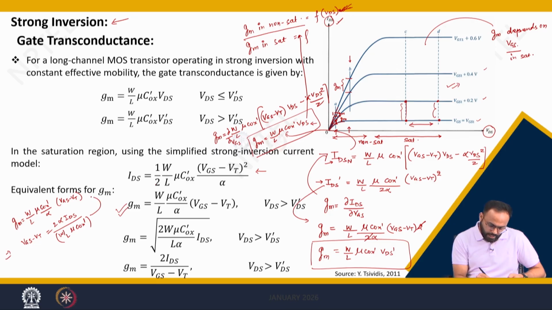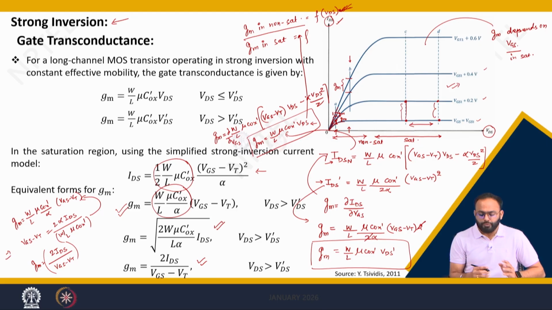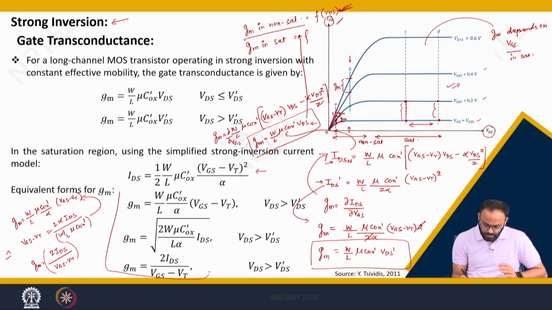If you put that back, you are ultimately left with 2 IDS divided by VGS minus VT, which is this equation. Similarly, replacing another parameter using the current equation, you end up with this equation. So, in the strong inversion region of operation, we can define GM in 3 possible ways, which is given by this.